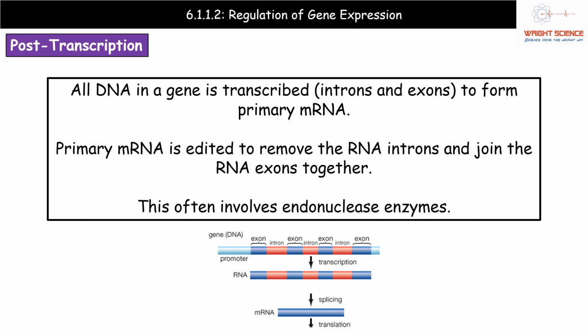What we need to do is edit that mRNA strand so that all we have are the exons joined together. So the primary mRNA is going to have the introns removed, and then the exons just get spliced together. And quite often this is going to involve a type of enzyme called endonuclease enzymes.